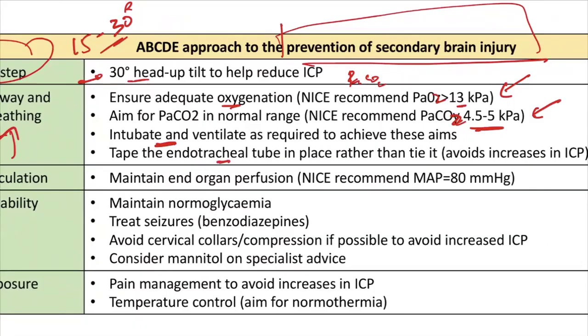If you've already placed an endotracheal tube, make sure you're not using a tie. A tie is the one which usually encircles the neck. If it is encircling the neck, even if it is a little bit tight, it can hamper the venous return. If it hampers the venous return from your brain, there will be an increase in intracranial pressure. That's why they advise to use tapes.